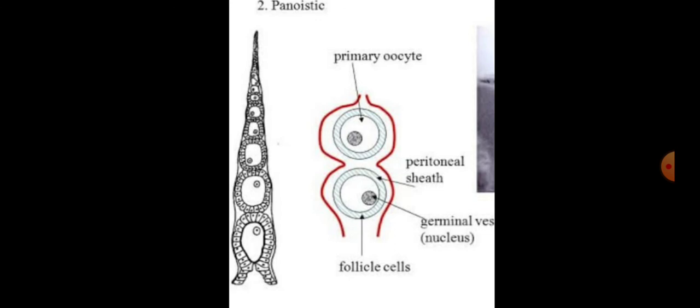Here we can see the primary oocyte in which the germinal vesicle or nucleus is present, surrounded by follicle cells. Follicle cells give the nourishment to the developing oocyte. Thank you.